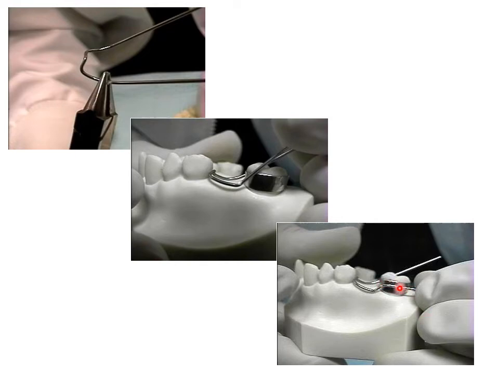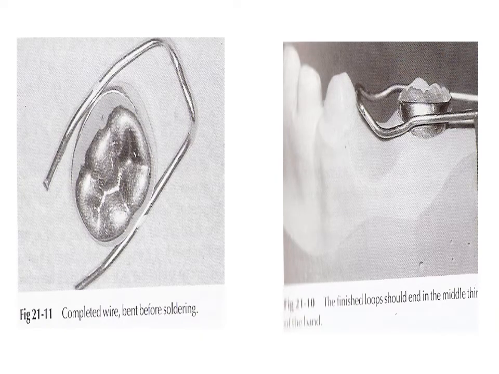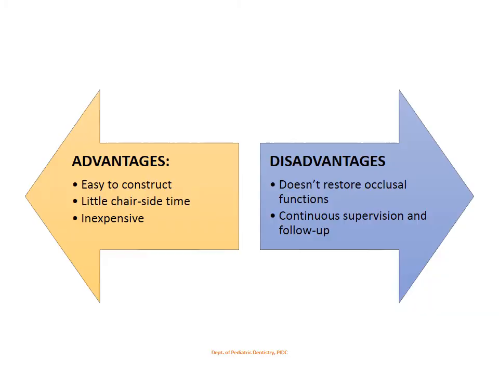Once the loops are prepared, soldering is done. This is a modification, where a crown is there, and once the loop is prepared, you have to do soldering. As I have mentioned, the free end should be placed in the middle third of the band.